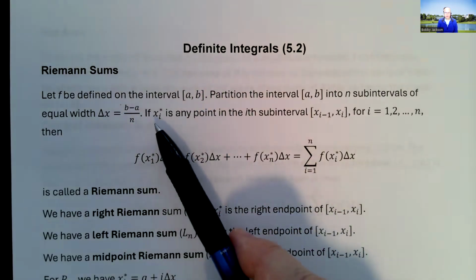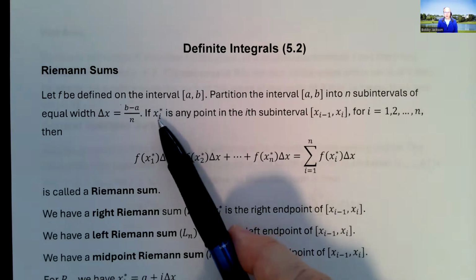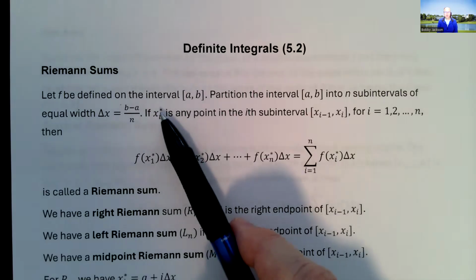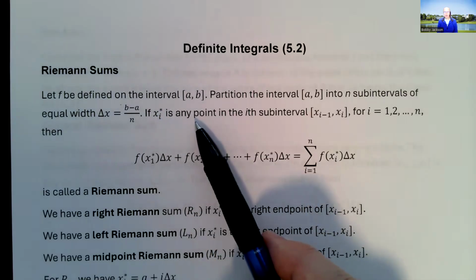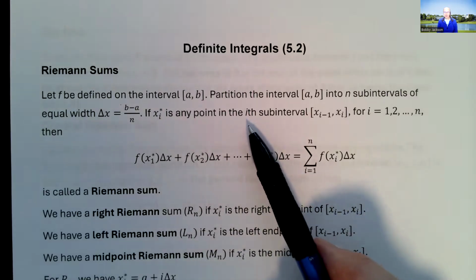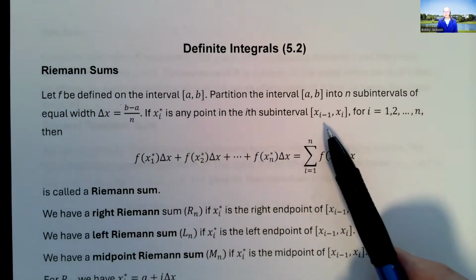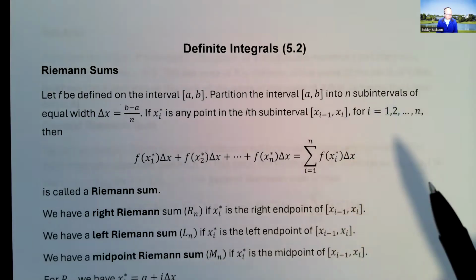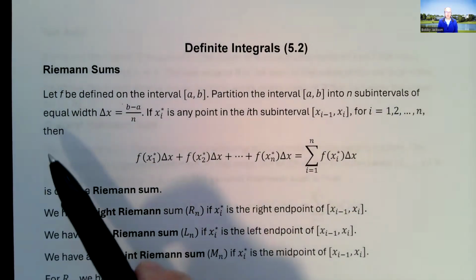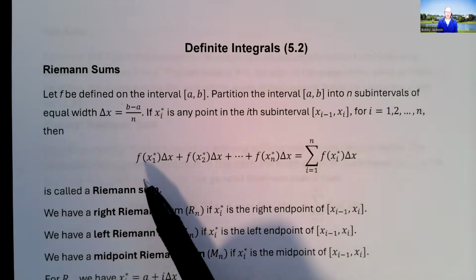Now, this is a new notation here: x sub i star, with a little asterisk or star. This is the notation we use for any point in the ith subinterval, for i equals 1, 2 to n. I'm going to explain all this in a minute. Then here is the Riemann sum.